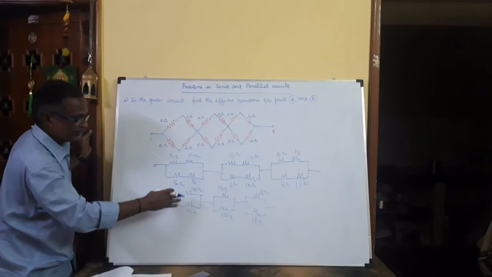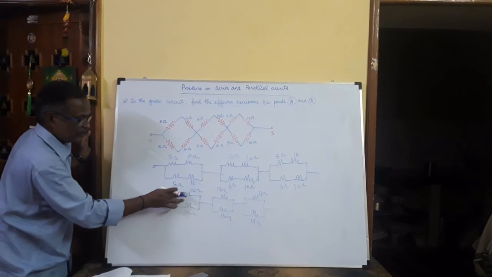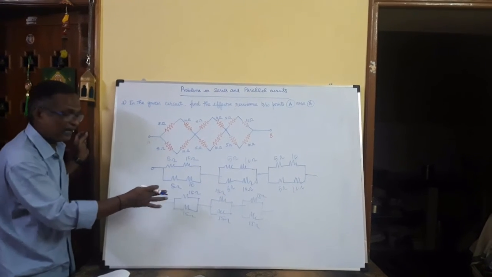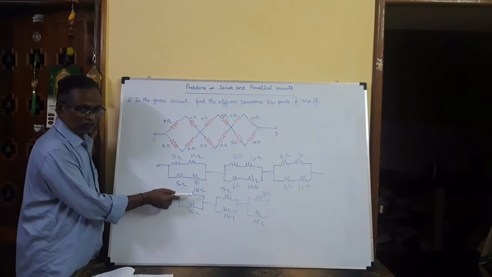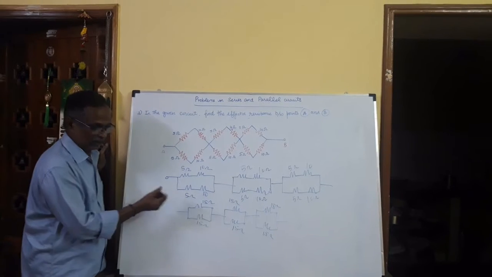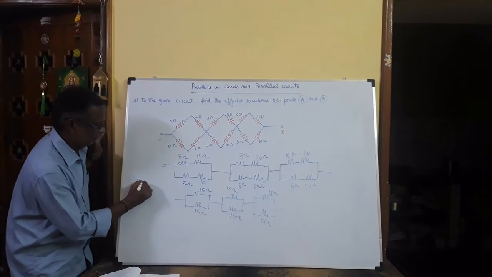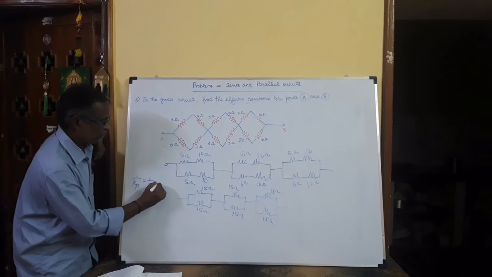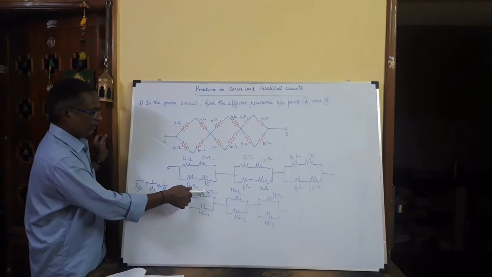Then further we can simplify it by considering this circuit, these resistors are in parallel, right? 15 ohm. In order to find the equivalent resistance, we have to apply the parallel formula. We know the parallel formula: 1 by Rp is equal to 1 by R1 plus 1 by R2. What is our R1? 15 ohm.